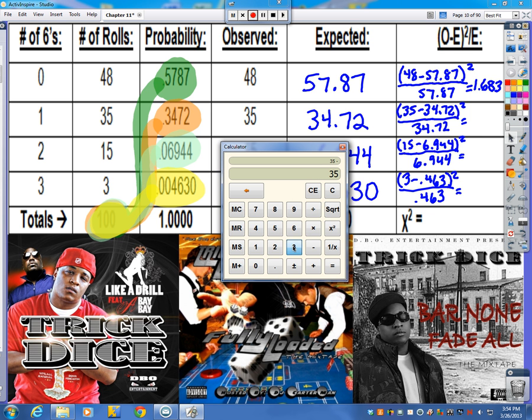35 minus 34.72 equals, squared, divided by 34.72. Ooh, teeny tiny number. 0.002258. Number 3, 15 minus 6.944 equals, squared, divided by 6.944. 9.346, we'll say.